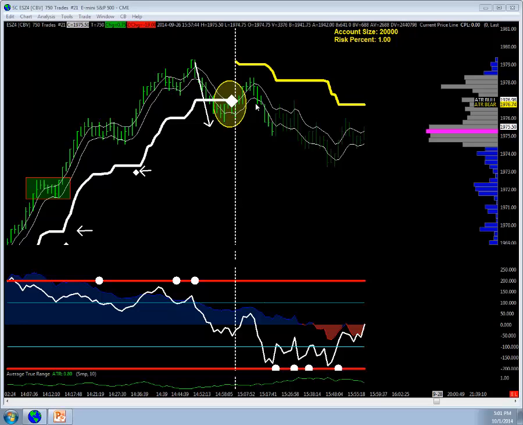So now what this does, number one, it tells us that this bullish move is over. Number two, does it automatically give us an opportunity to short? Not quite, but it does tell us the risk of being long is beginning to increase. Does everybody follow me on that? The risk of being long becomes greater now.